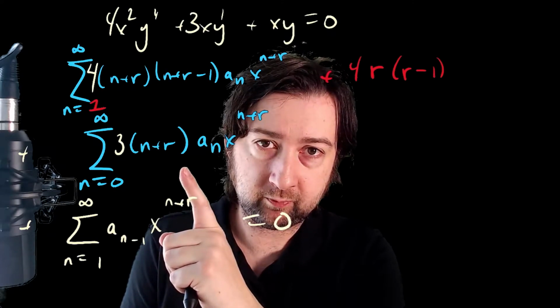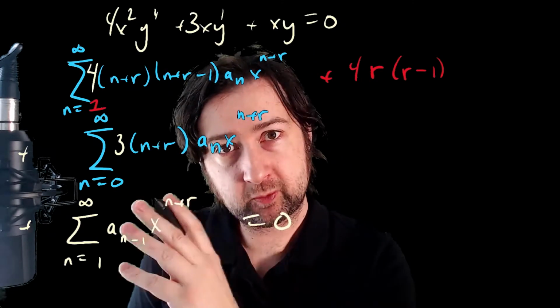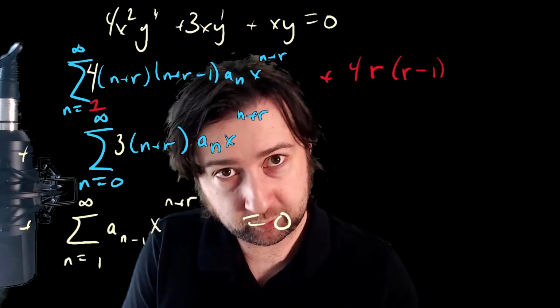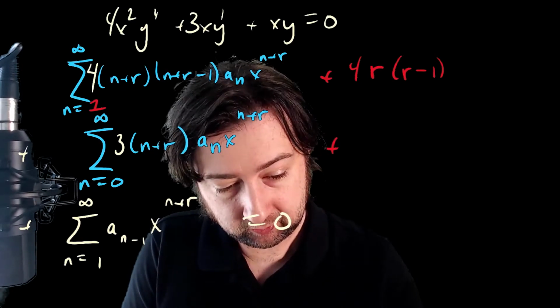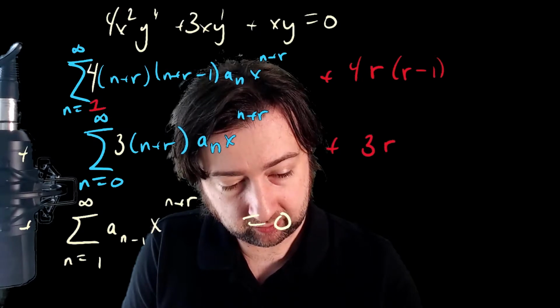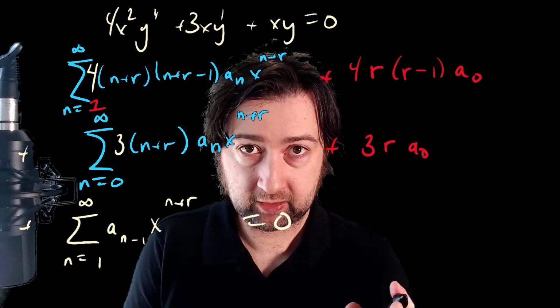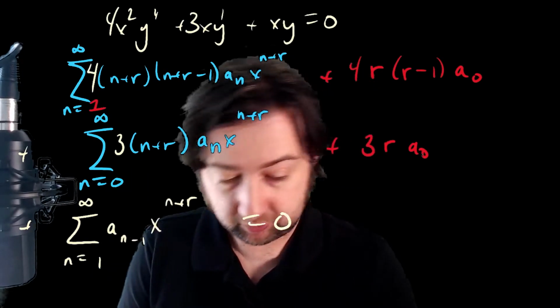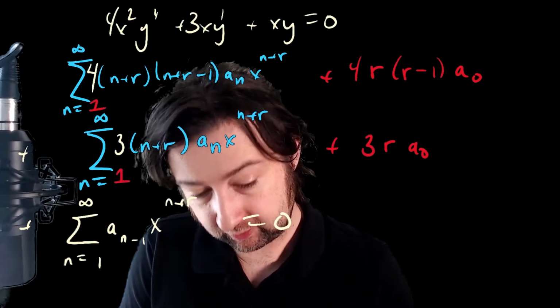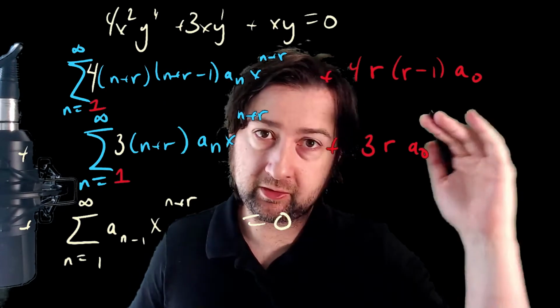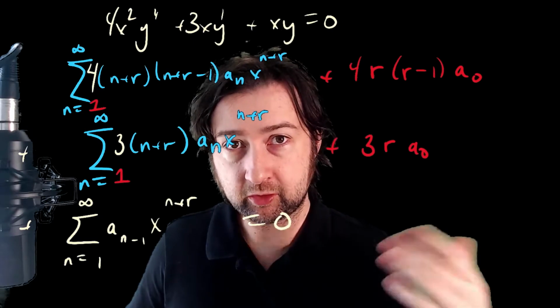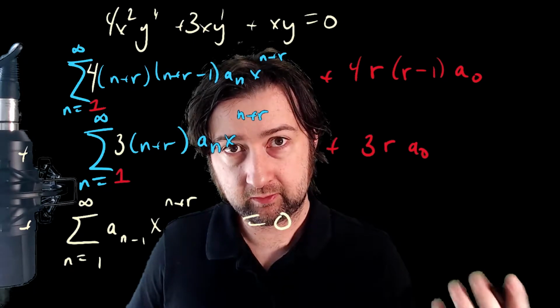Same thing here. I'm going to pull out the term corresponding to n equals 0, which means if you put in n equals 0, you would get 3 times r times a0. But then I've pulled out the n equals 0 term, so I have to get rid of it and start this series at 1. Now, one thing to notice is that these two terms are actually where the indicial equation comes from, right?